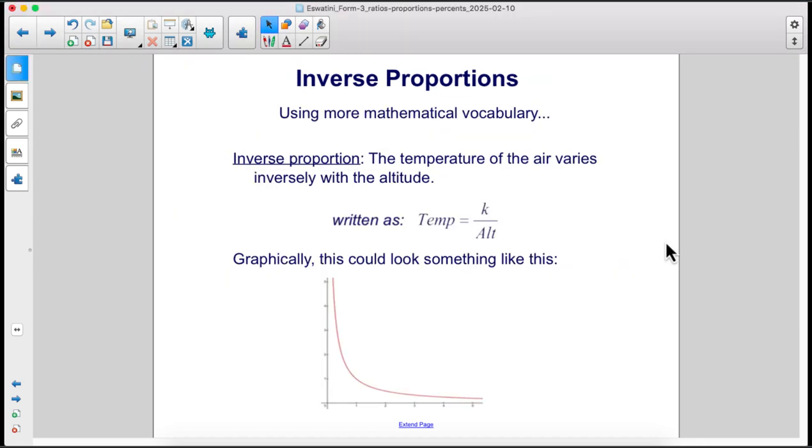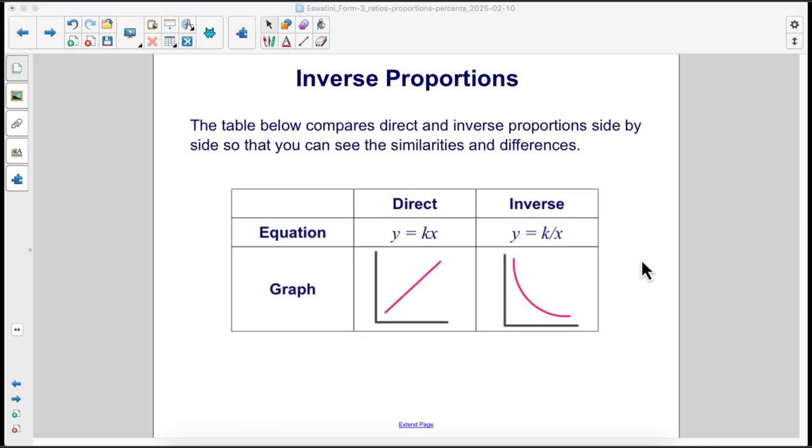Using more mathematical vocabulary, inverse proportion is, for example, when the temperature of the air varies inversely with the altitude, written as temperature equals K over altitude. Graphically, this could look something like this. As one variable increases, like on the x-axis, the other variable on the y-axis decreases. The table below compares direct and inverse proportions side by side so that you can see the similarities and differences.